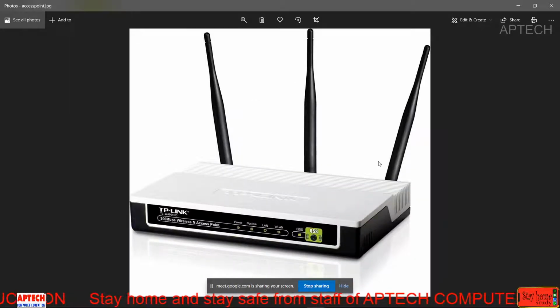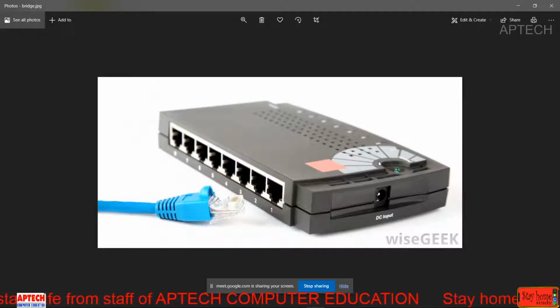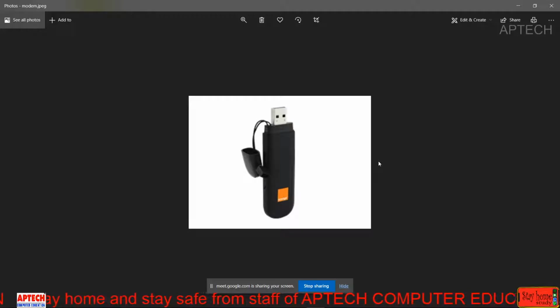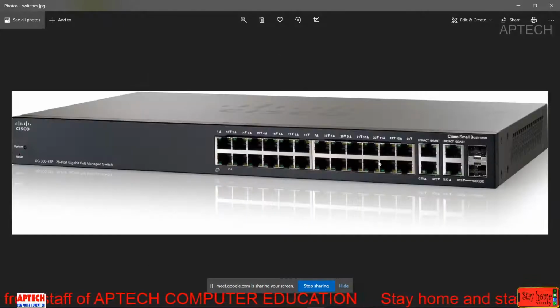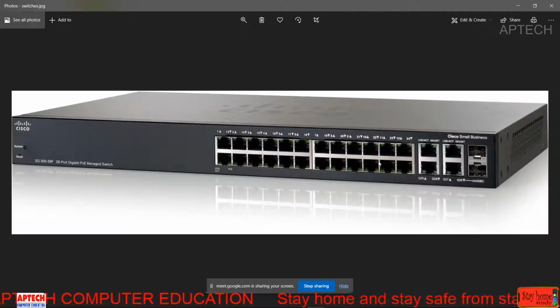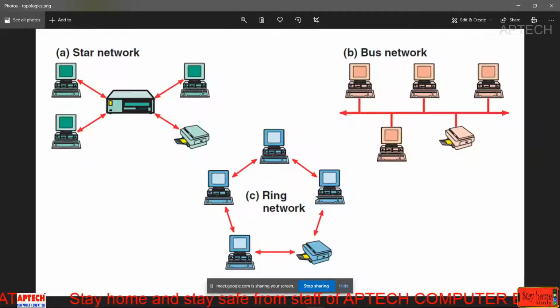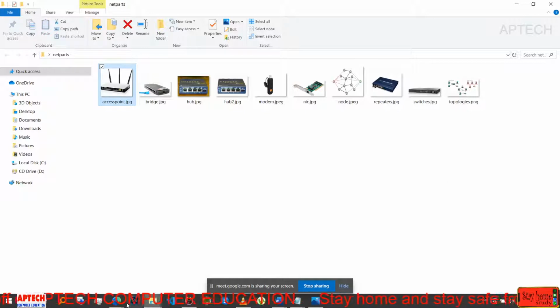This is the access point. Then this is the bridge. This is then the hub. As you can see, the hub looks like a switch, so you can't even tell the difference if it's not written on it or anything like that. This is a network interface card. Then the switch is there.